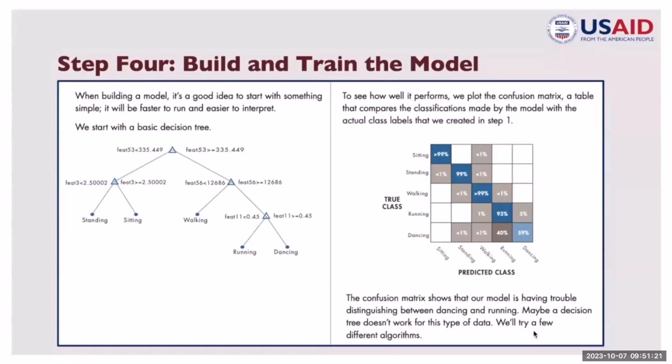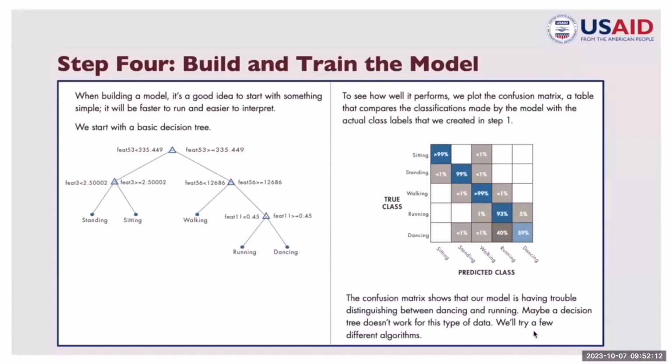Now, the confusion matrix is a good visualization for us to better evaluate and understand the performance of our machine learning model, as it represents various classification metrics such as accuracy, precision, recall, and F1 score. The confusion matrix shows that our model is having trouble distinguishing between dancing and running, such as in the example of our use case.